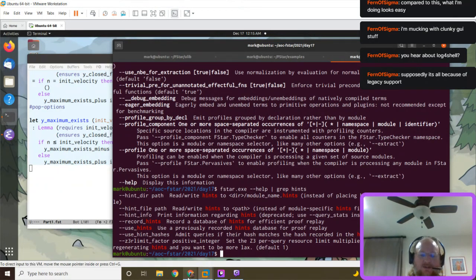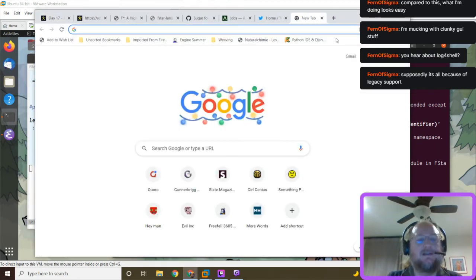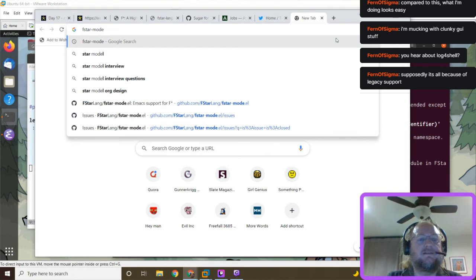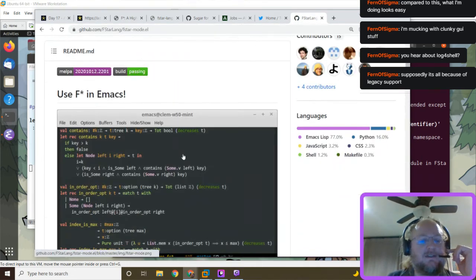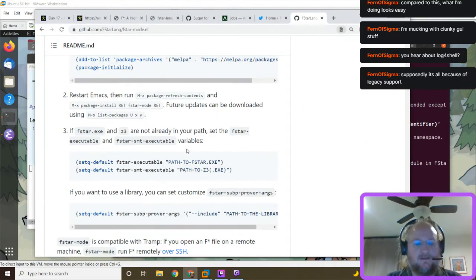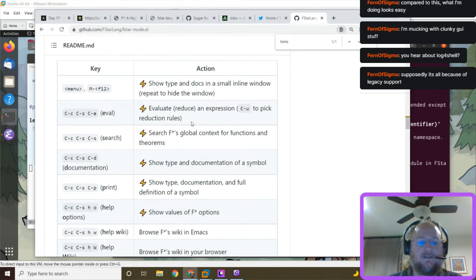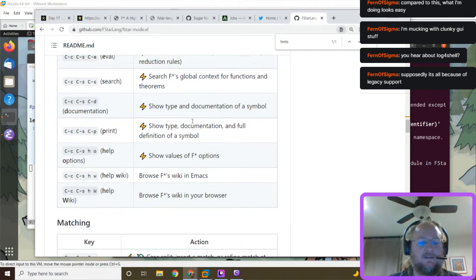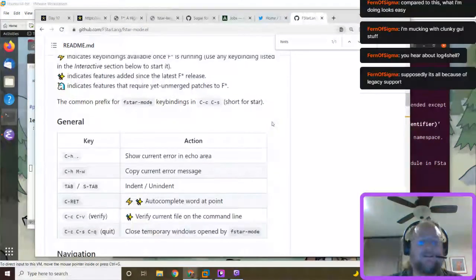I don't know for sure if we can do that with Emacs. Emacs mode. Well, that's type hints. That's not the same thing at all.